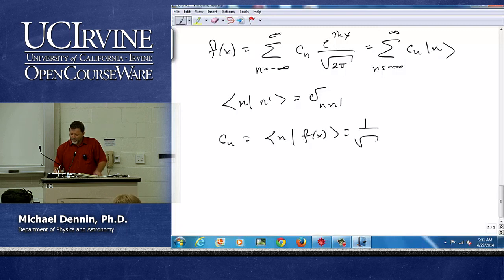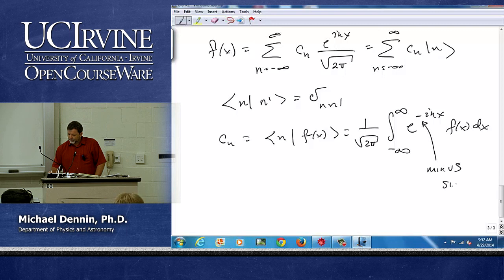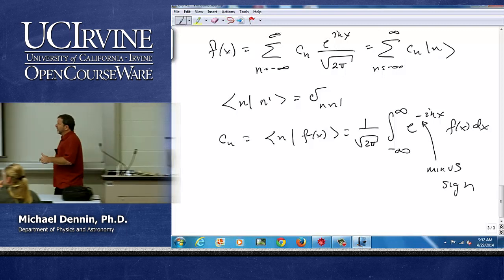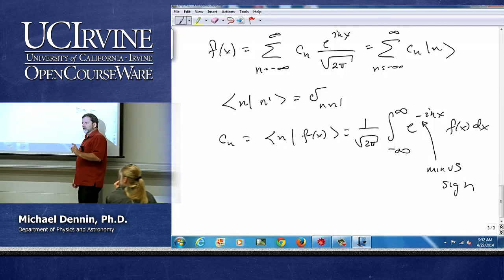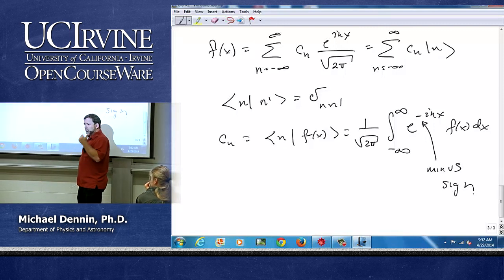And now, because we're really comfortable with our bras and kets, we realize we need the e to the minus inx f of x dx. And that's an easy minus sign to forget when you memorize formulas, but when you remember that the dot product gets a complex conjugate, you're not going to forget your minus sign because you'll do your complex conjugate.